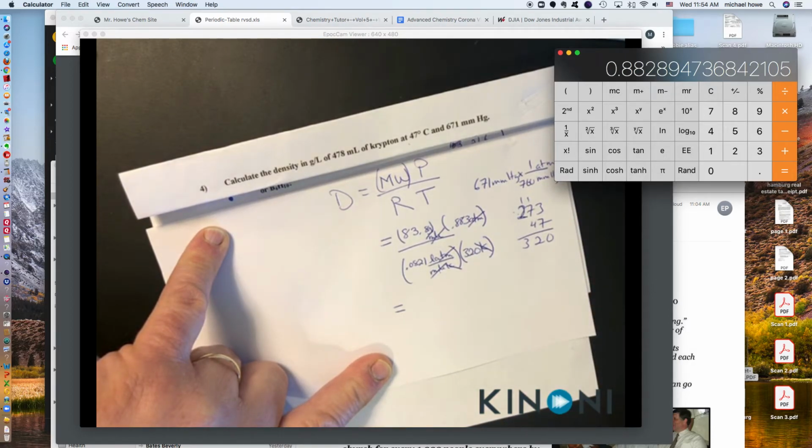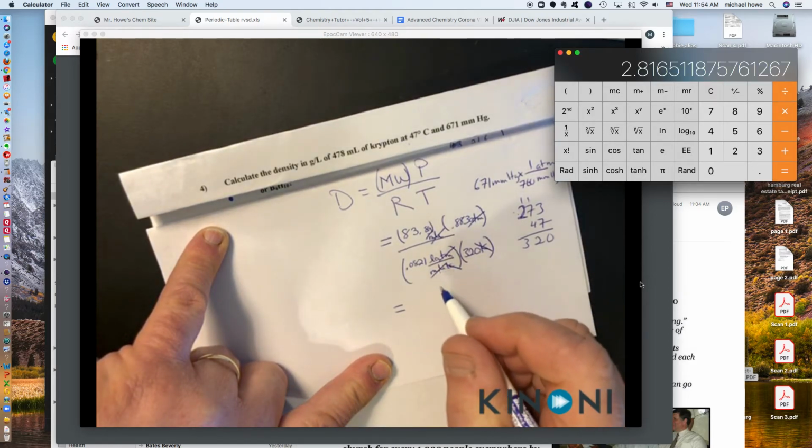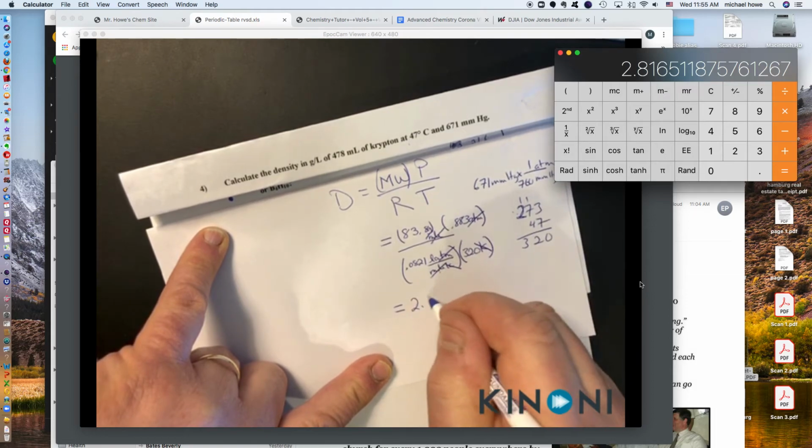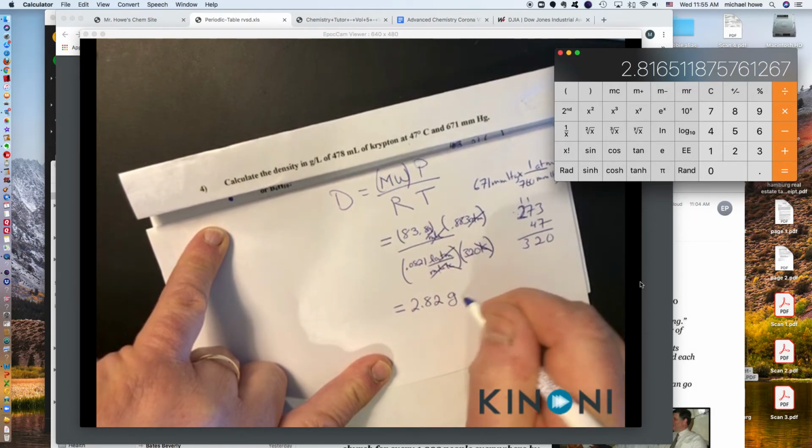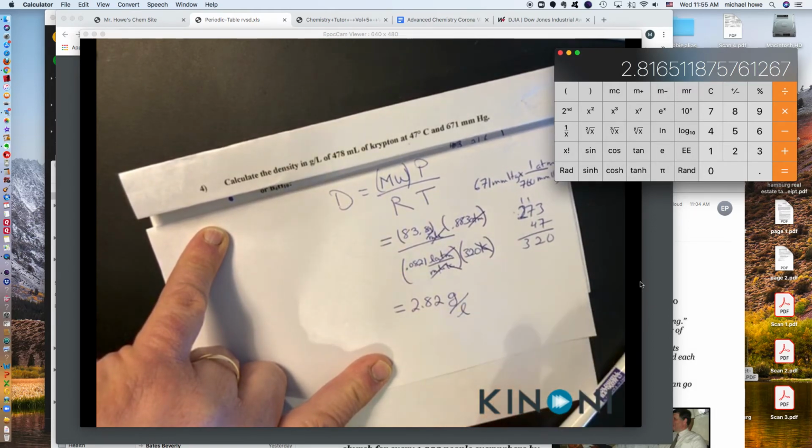So the math is 83.8 times 0.883 divided by 0.0821 divided by 320, 2.82. And that would be grams per liter.